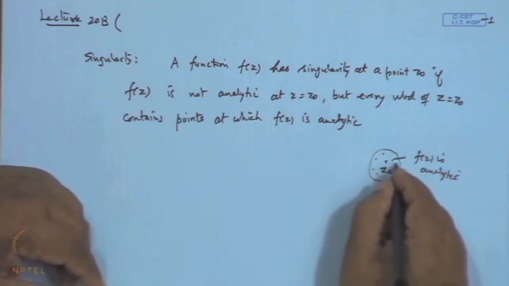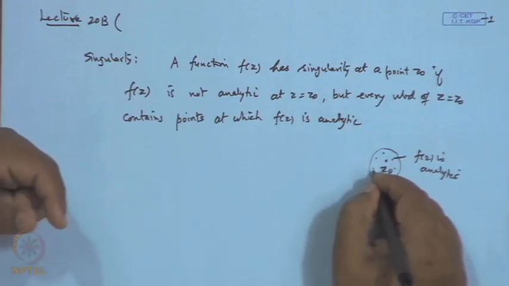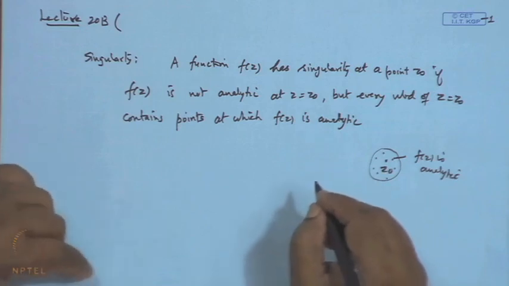If there exists a neighborhood of z naught which is free from any other singular point except z naught itself, then such a point z naught is called an isolated singular point.